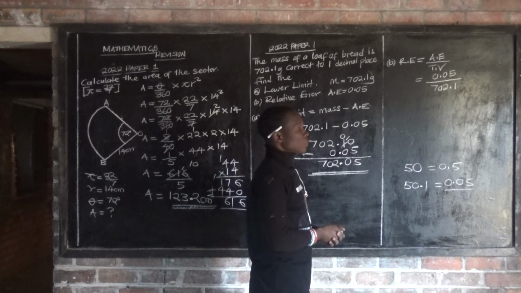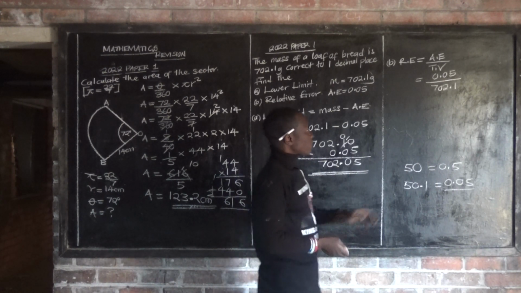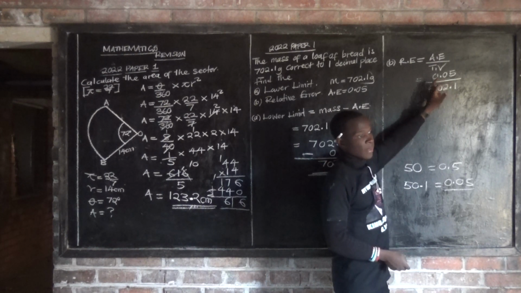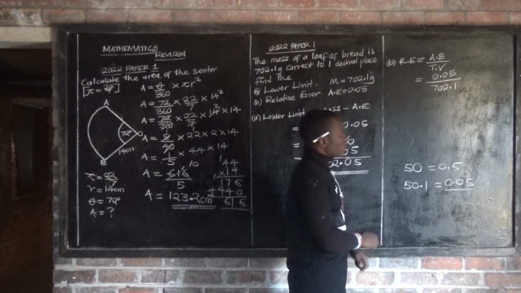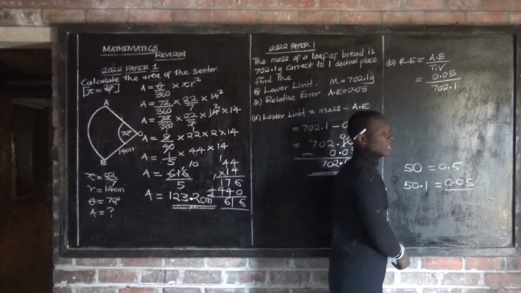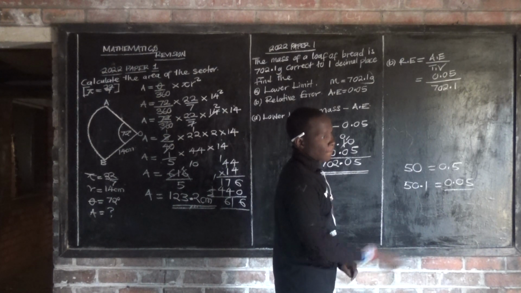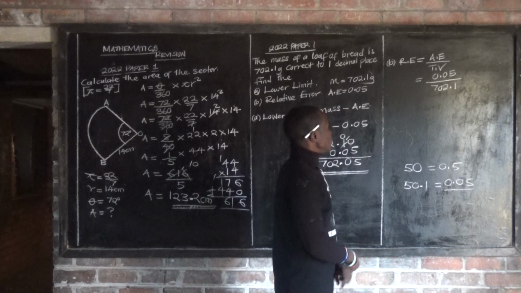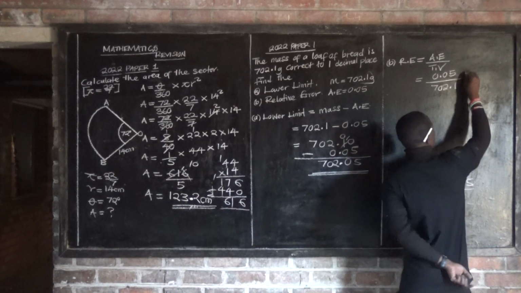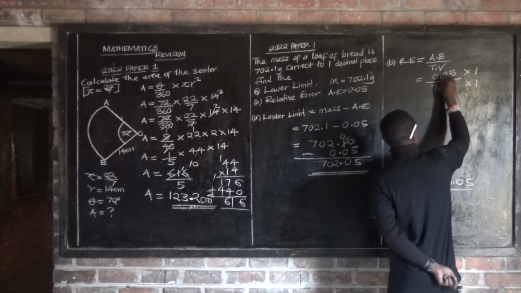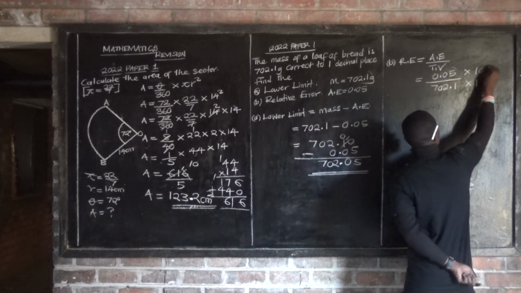In this case, what are we going to do? We need to convert the numerator into a whole number. So we are going to multiply by 100, one decimal place to one, so 2 zeros.